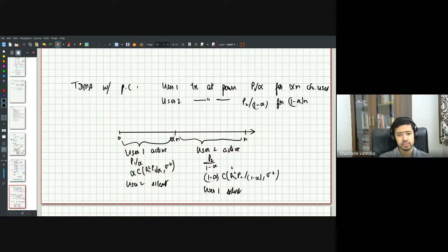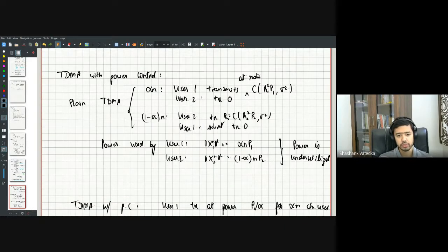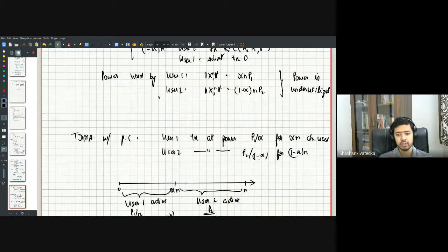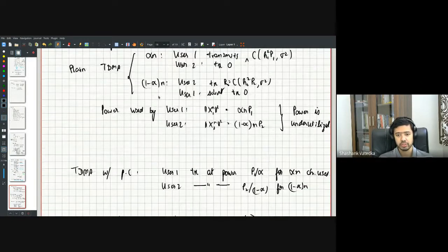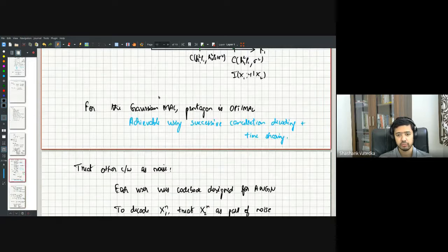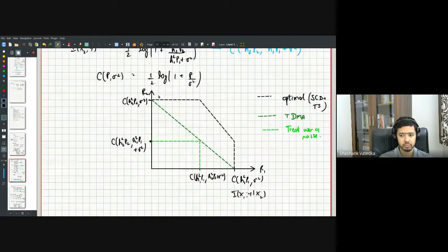Okay, so this is of course TDMA with power control, and it performs much better than plain TDMA. The set of rates that this satisfies is a little more complicated. It's not a straight line anymore.